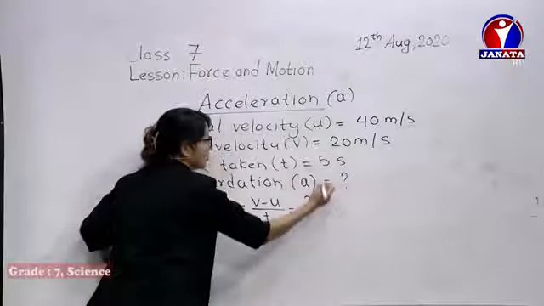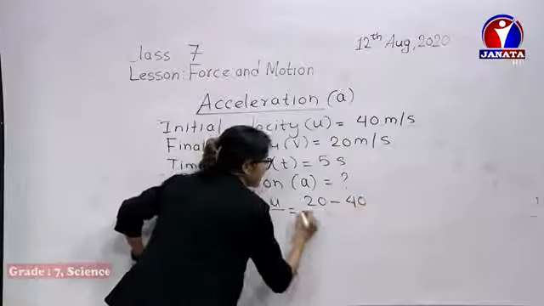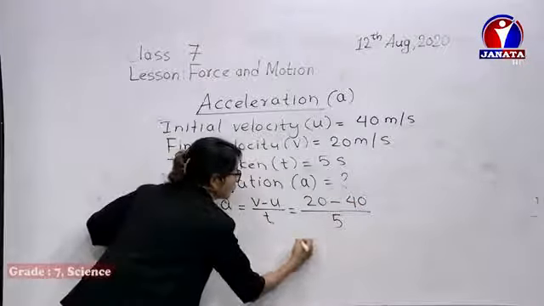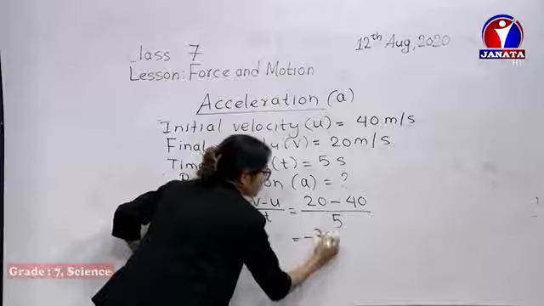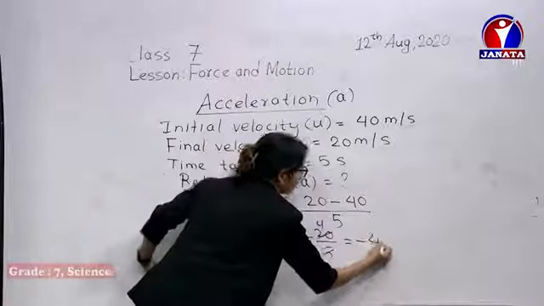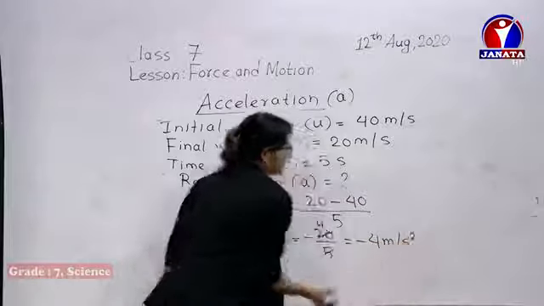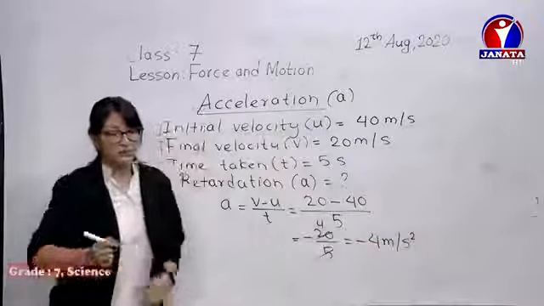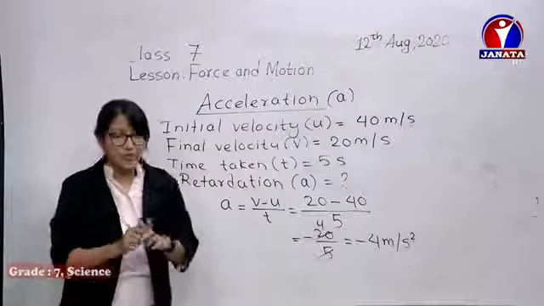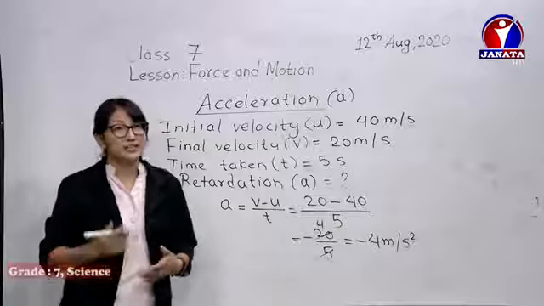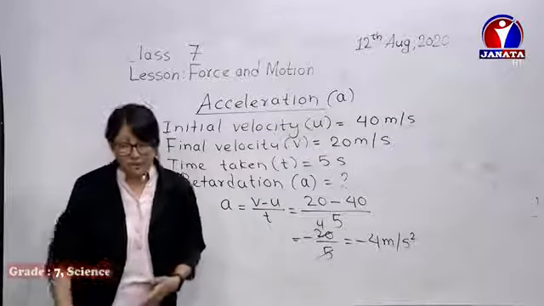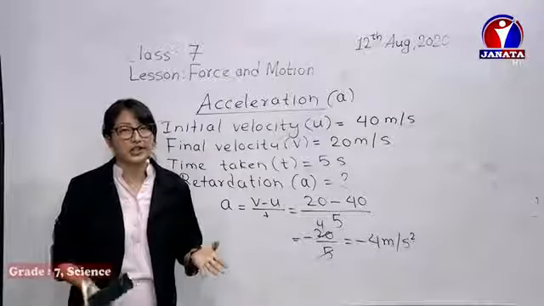As the velocity has decreased, we can easily see the answer comes out negative. 20 minus 40 is of course minus 20, over 5. So 5 4s are 20, and minus 4 meter per second square is the value of retardation, or negative acceleration. So what you have to remember is that acceleration is positive and retardation is a negative value. So this is related to acceleration and retardation.